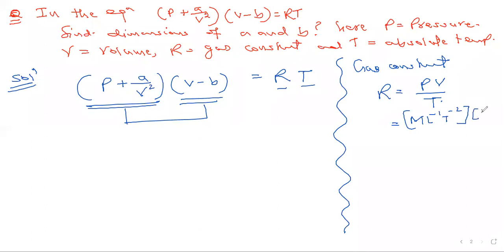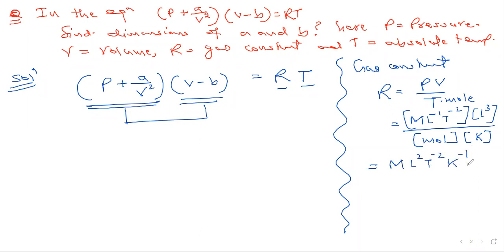Volume is L3, then there is the mole, and T is Kelvin. So the dimension of the gas constant, always remember, is ML2 T minus 2 K minus 1 mole minus 1. But in this situation you are not requiring it.